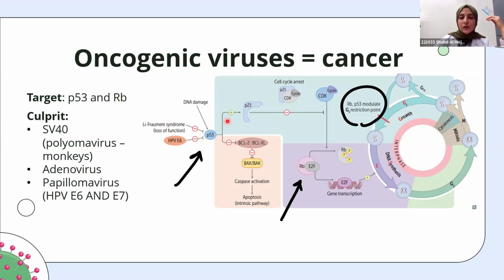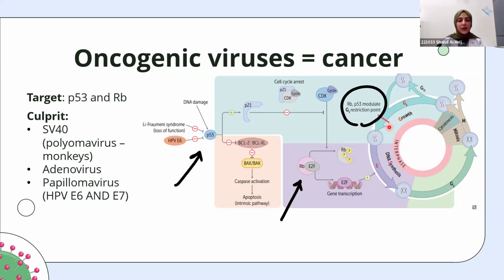P53 and RB are part of the cell cycle. They are basically a checkpoint that makes sure everything is going well for replication. You have several viruses that, when they affect the cell, will affect P53 and retinoblastoma, and this will affect the cell cycle replication and cause excessive replication, because usually these stop the cell from replicating if there is something wrong with the DNA.